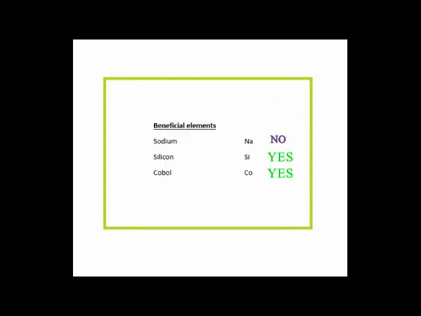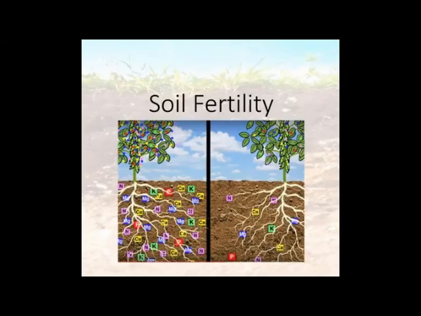And we have the beneficial elements. Do they like sodium? No. Do they like silicon? Yes. Do they like cobalt? Yes, they do. So there you go. Now you know what nutrients they do like. So how can we manage to do that in our garden with our soil? Well, instead of what the experts say, I will give you some suggestions that I have.